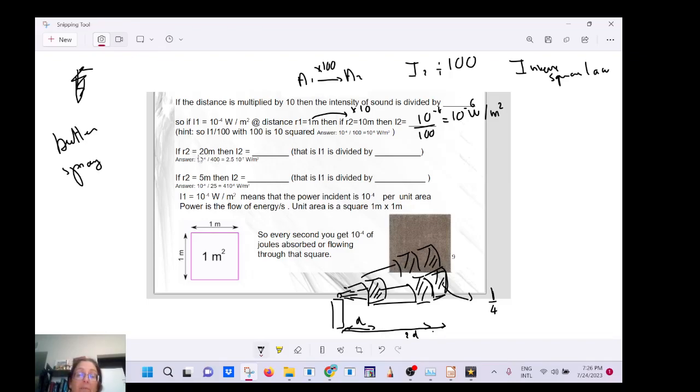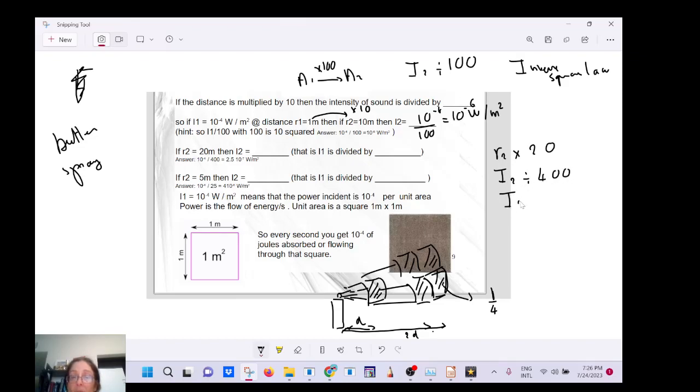So here, if now R2 equals 20, it means that from R1, R2 is multiplied by 20, so I2 is going to be divided by 400.